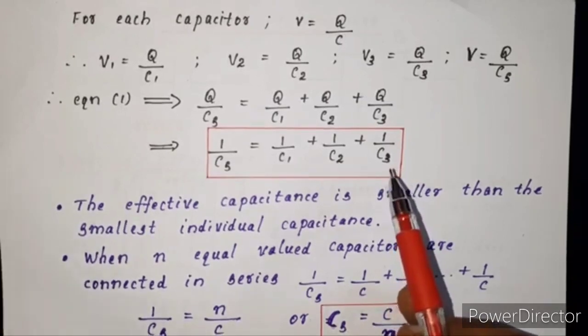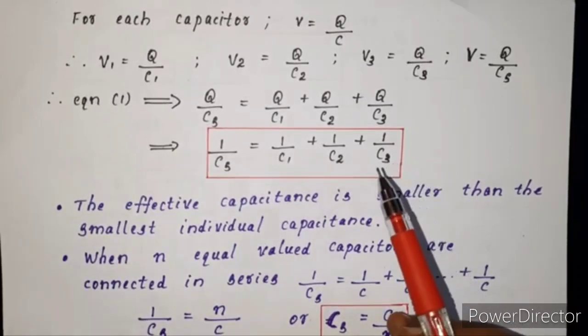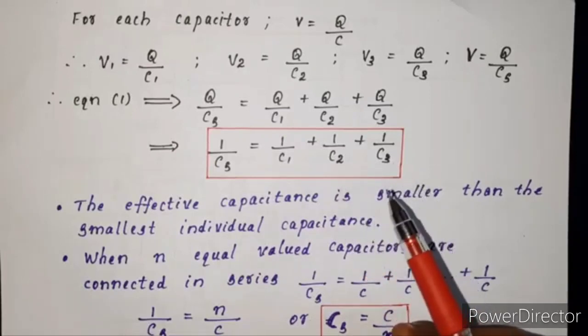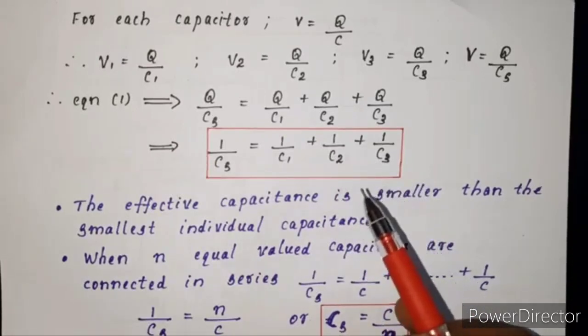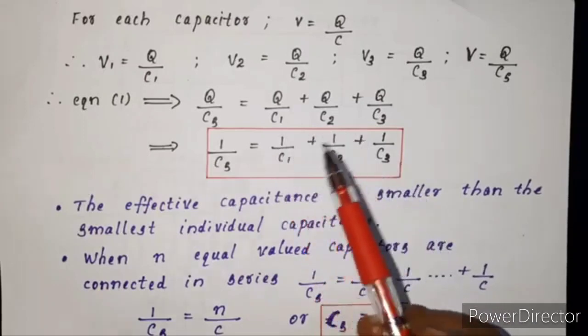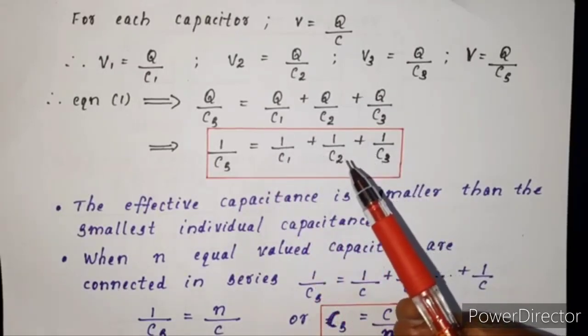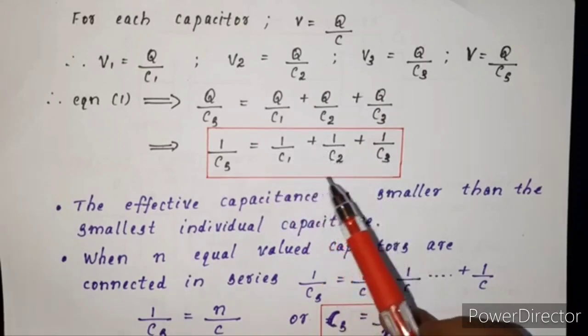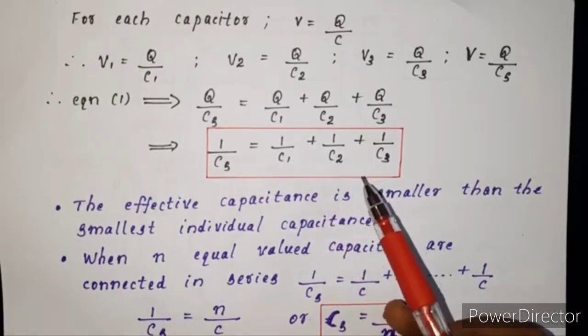Okay, very important equation. So when the capacitors are connected in series, how do the individual capacitances get added? They get added reciprocally, that means the reciprocal of the effective capacitance is equal to the sum of reciprocals of individual capacitances.